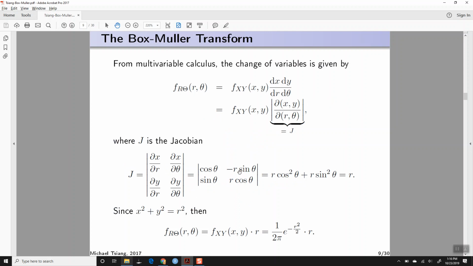And then the determinant of this thing is going to be r cosine squared theta plus r sine squared theta. And then like magic, because cosine squared plus sine squared is 1, this just ends up being r. Okay, so we get x squared plus y squared is r squared.